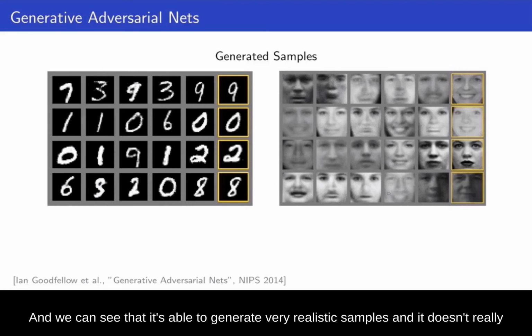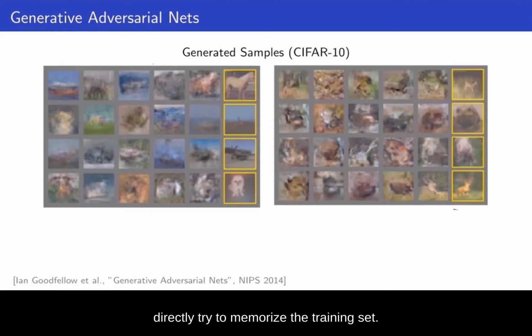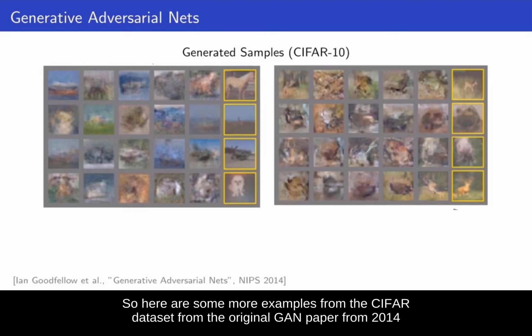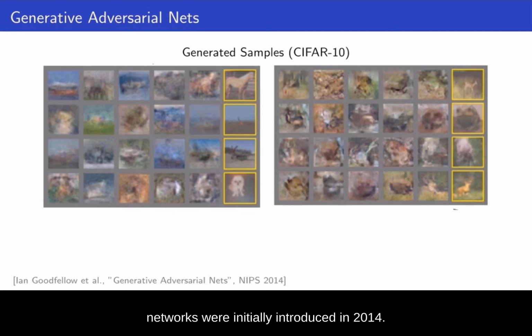We can see that it's able to generate very realistic samples, and it doesn't really directly try to memorize the training set. Here are some more examples from the CIFAR dataset from the original GAN paper from 2014, and we can see that these were not really that great at the point when these initial networks were introduced in 2014.